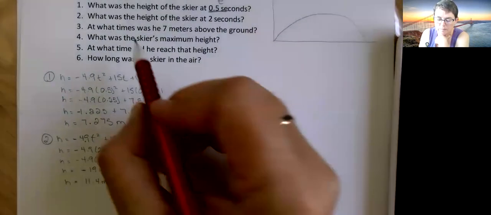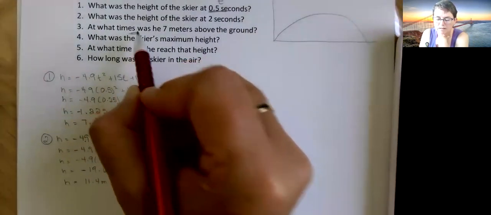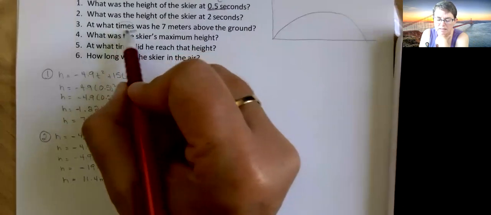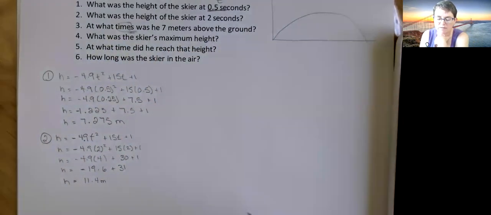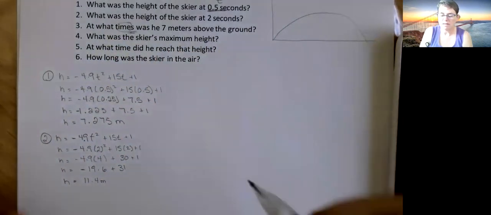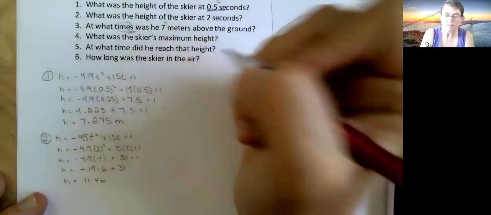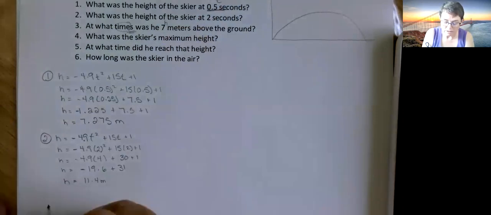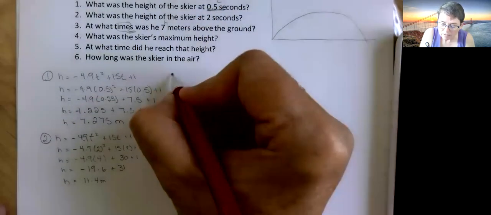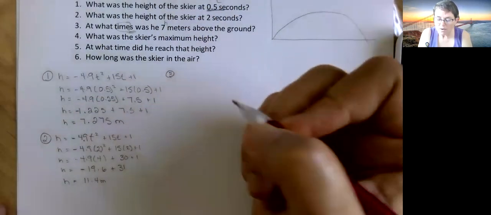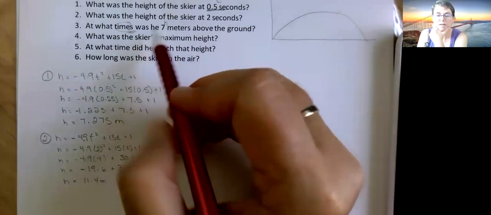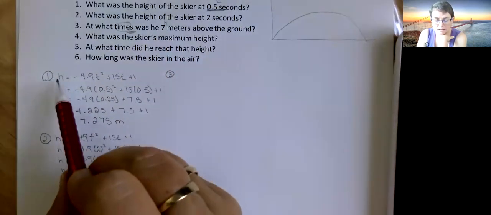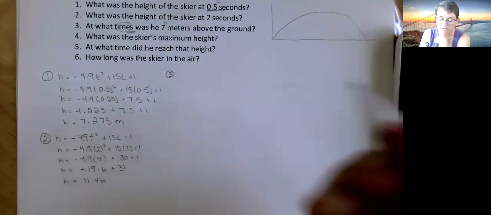At what time, okay, so there's a hint there. Now we're looking for the t. Was he 7 meters above the ground? Well, this is height. So we're going to be putting in the 7 where the h is, and then we're solving for t.